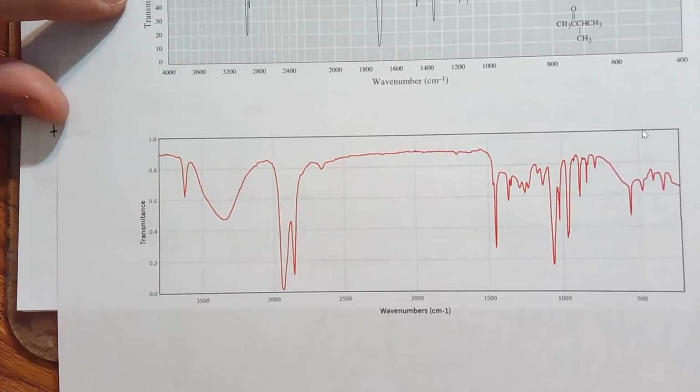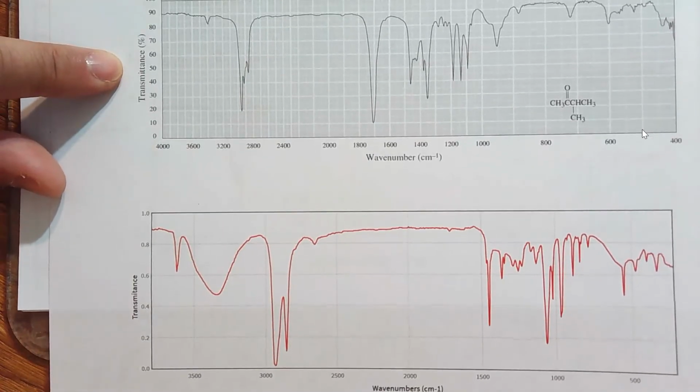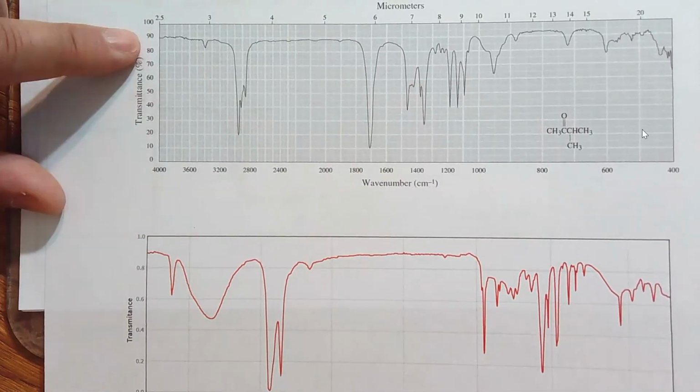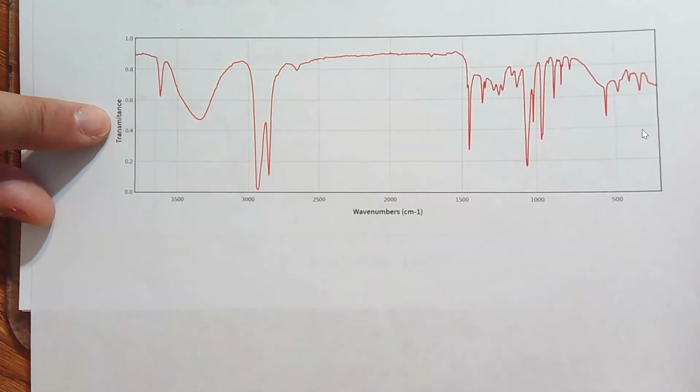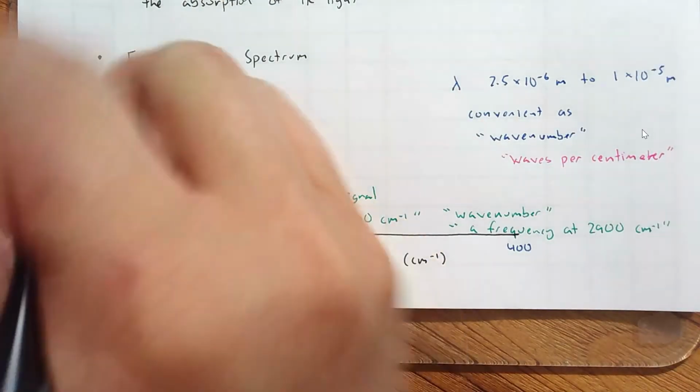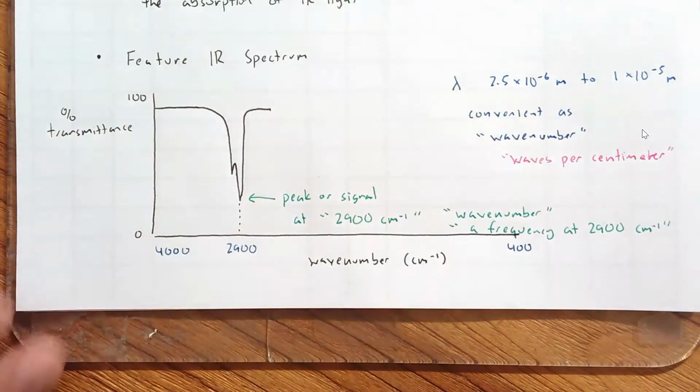Let me go back to the actual spectra. Sometimes it's percent transmittance, 0 to 100, and other times it's just transmittance, 0 to 1. I actually have 0 to 100, so we'll call this percent transmittance.